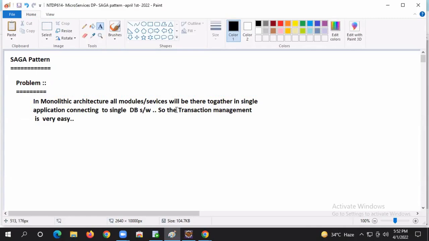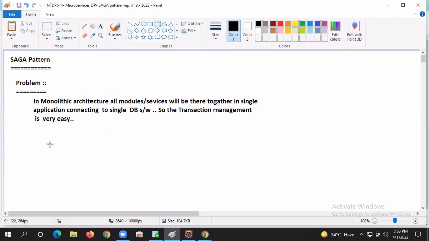So when everything is linked with a single database, definitely transaction management looks simple and easy. No doubt in that. Okay, now let's see.